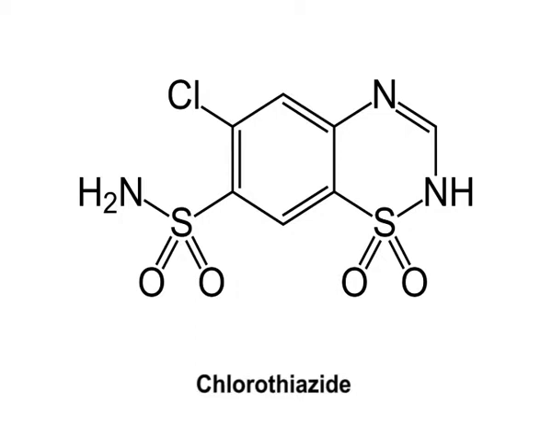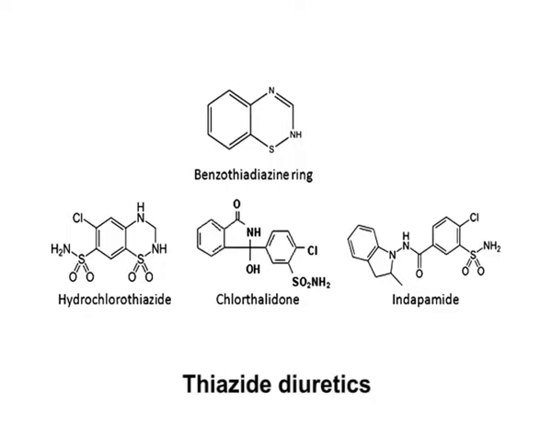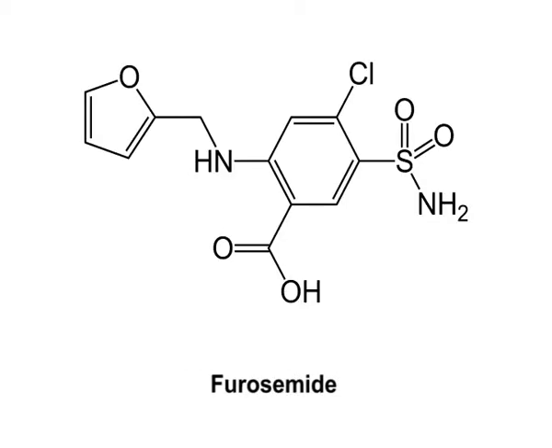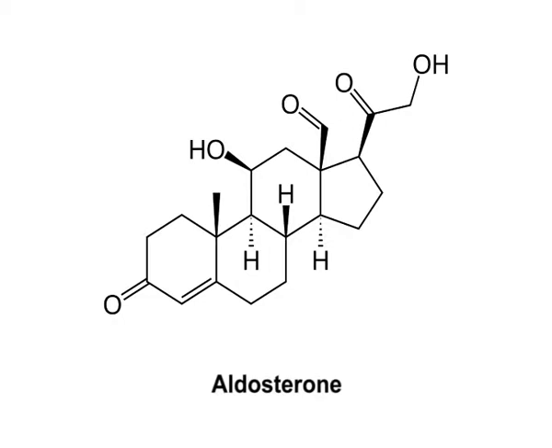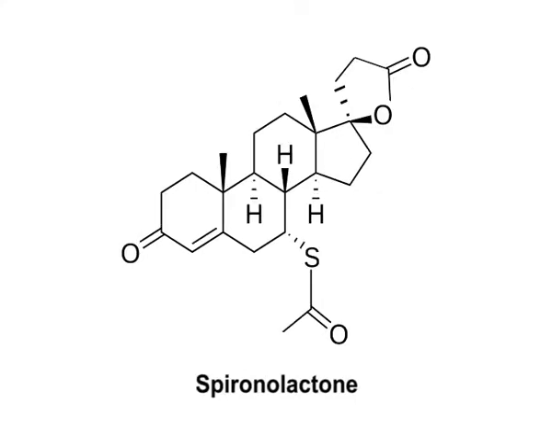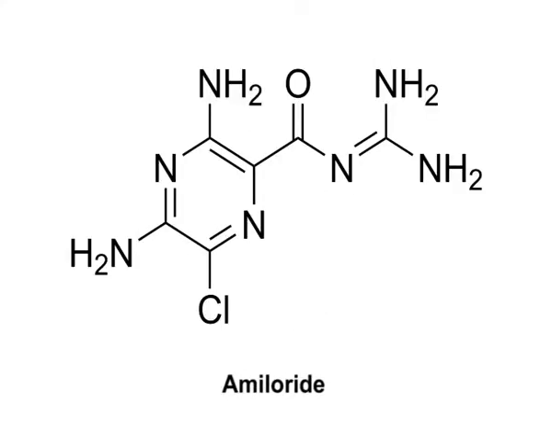The first modern orally active diuretic, chlorothiazide, was produced in 1957 and by early 1960 its congeners like thiazide diuretics were already in common use. Availability of furosemide and ethacrynic acid by mid-1960s revolutionized the pattern of diuretic use. The aldosterone antagonist and other potassium-sparing diuretics like spironolactone, triamterene and amiloride were developed in parallel to these.